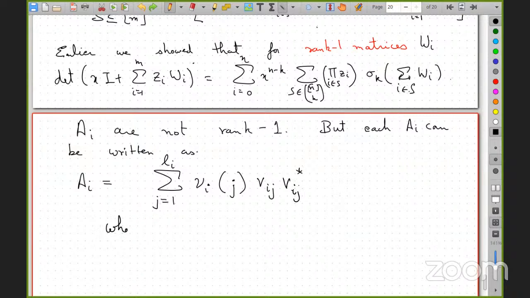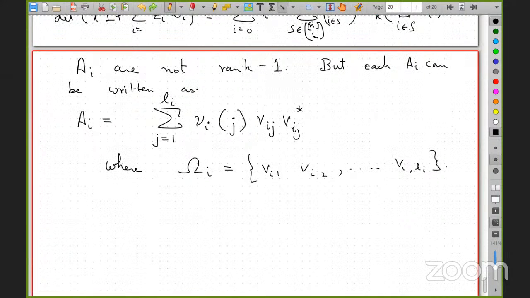where omega I is Vi1, Vi2, and so on to Vi Li. Is this fine? Yes. So each of them has this form, right?